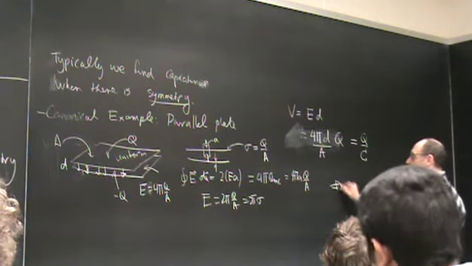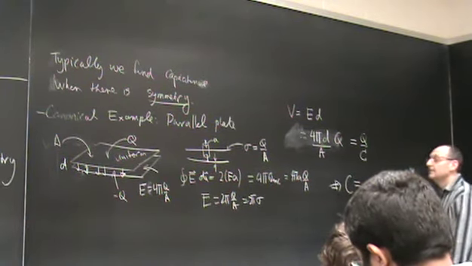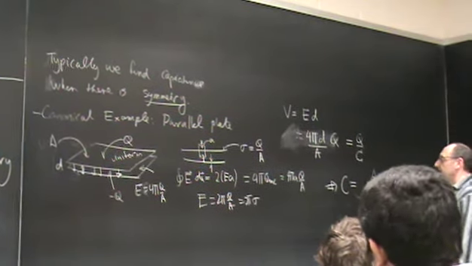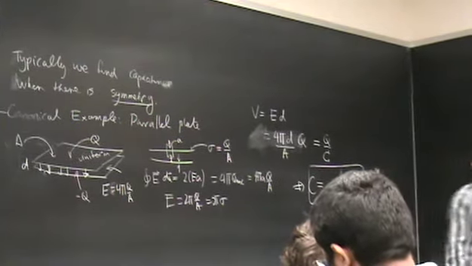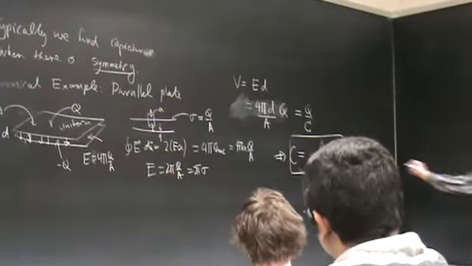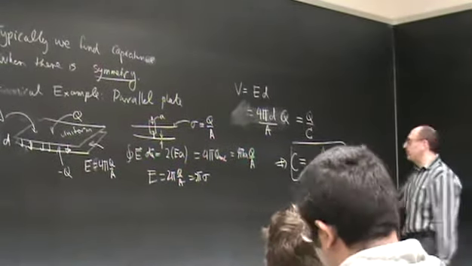So the capacitance of a parallel plate is the area divided by 4 pi d. Purely geometric. Now, in SI units, 1 over 4 pi is epsilon naught.